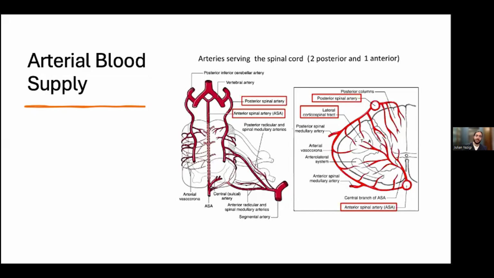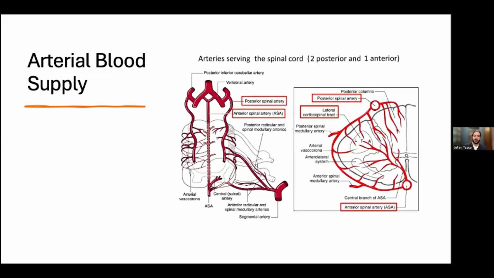The most clinically significant of the segmental medullary arteries is the artery of Adamkiewicz, also called the great anterior segmental medullary artery. It typically arises between T9 and L2, most commonly on the left side. This powerful vessel joins the anterior spinal artery and provides the dominant blood supply to the lumbar enlargement and lower thoracic spinal cord.